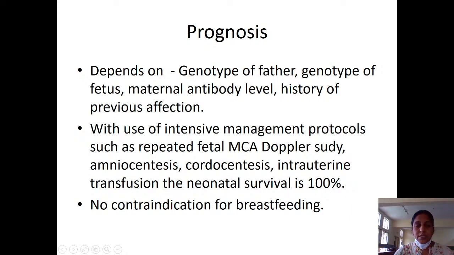With the use of these interventions, fetal and neonatal outcomes have improved. And coming to the last point, there is no contraindication to breastfeeding.